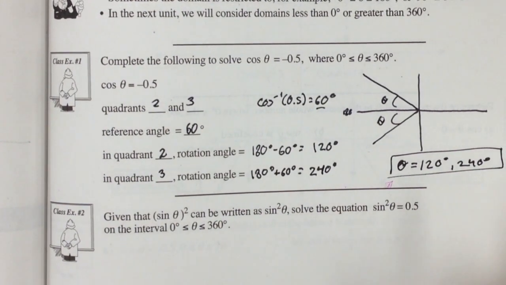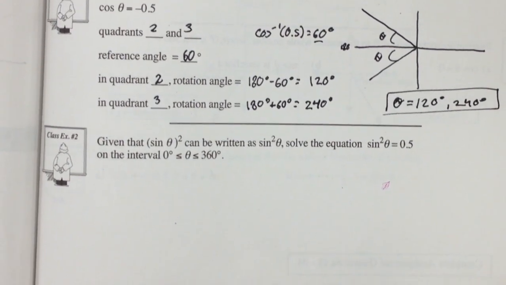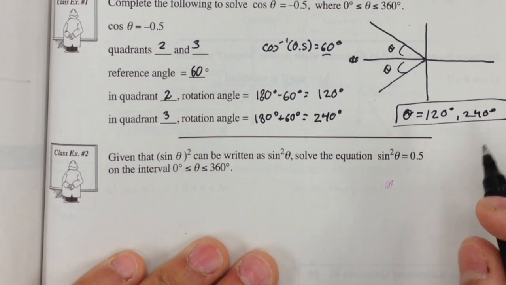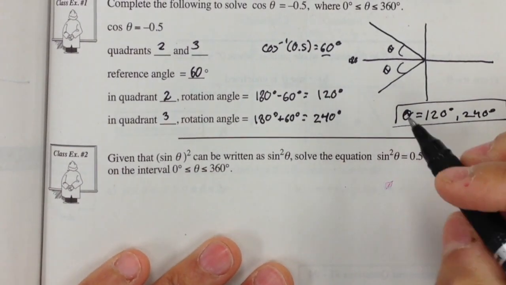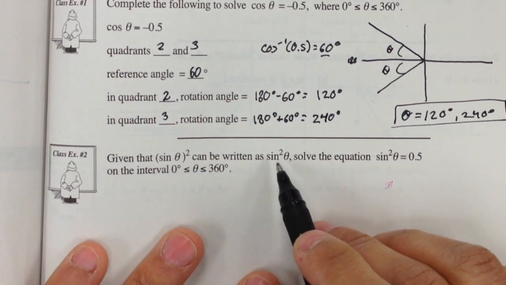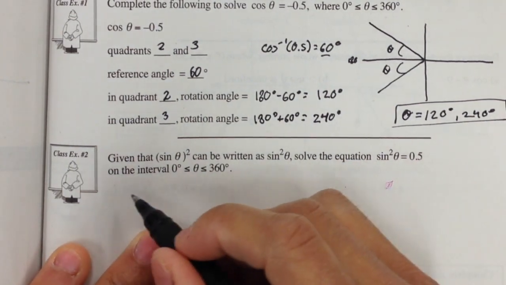In example number 2, we have a similar scenario. Again, we're going to approach this question by trying to determine which quadrants it can be in. Given that sine theta squared can be written as sine square theta, solve the equation sine square theta equals 0.5.